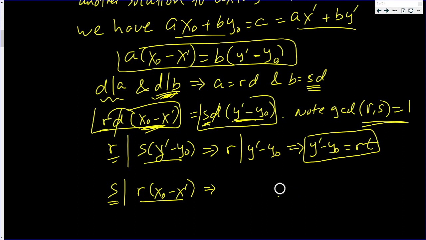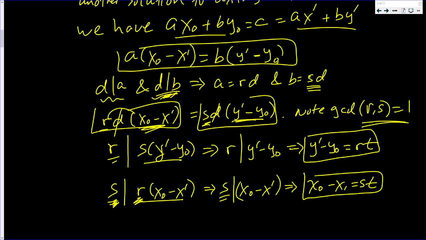That's not untrue. But let me do the same thing I did above. R and S have no common divisors other than 1. So that implies S must divide the other factor, namely x0 minus x prime. Well, that implies that x0 minus x prime is a multiple of S, say S times t.